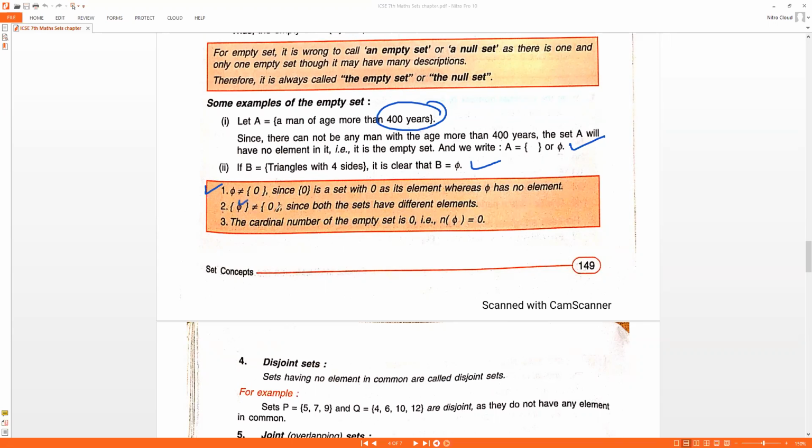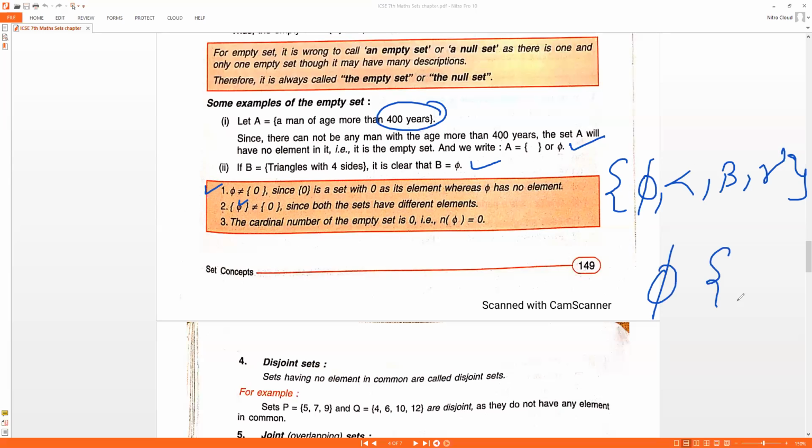Here phi is the element itself. Is that possible? Yes. Why? Because we can say a set of Greek symbols, quite possible: phi, alpha, beta, gamma, that is also possible. So don't get confused. Phi only and phi inside the curly brackets are two different things.